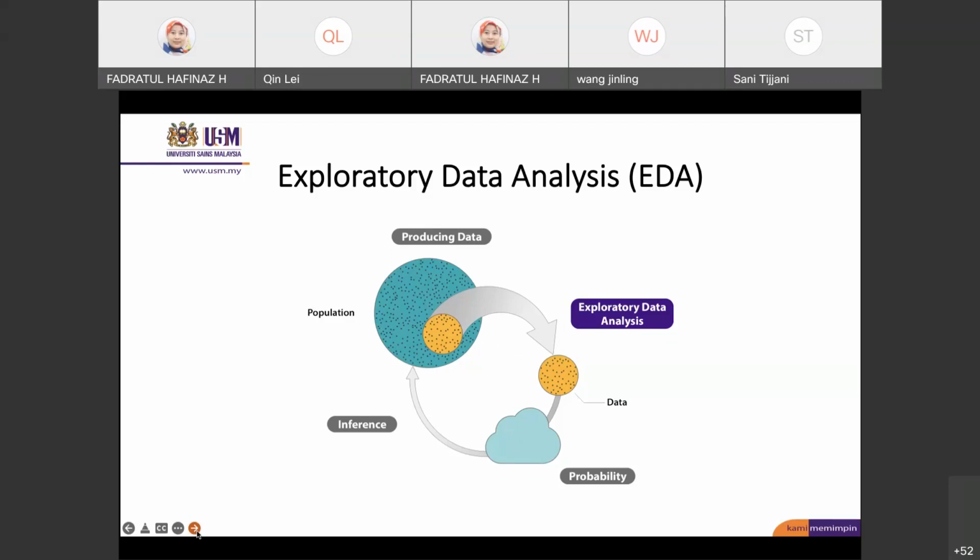So you need to understand the data first. How do you understand your data? You need to explore your data. This is also the time you should test your assumptions.